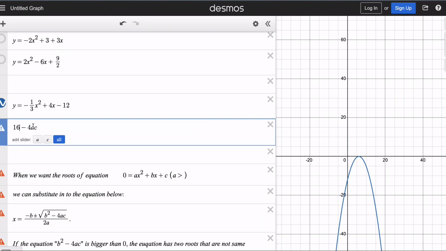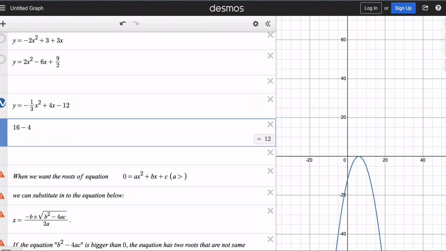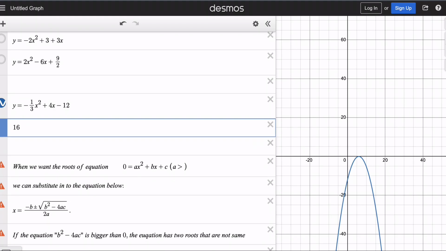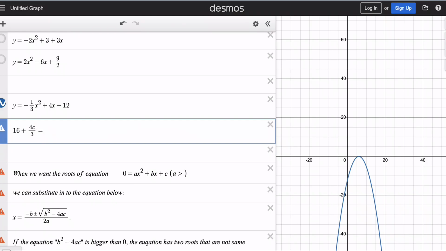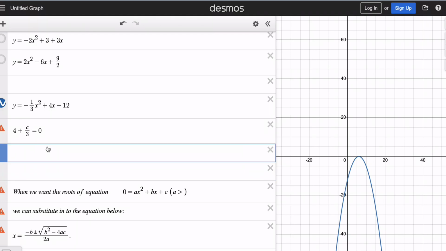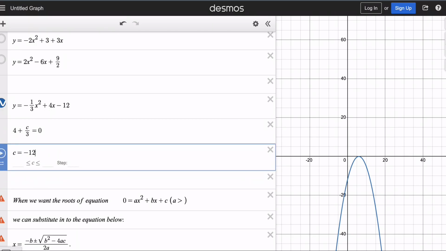This one is 16, and it's plus 4c over 3, and this must equal 0. On each side we can first divide by 4, and it will be 4 plus c over 3. Therefore c equals negative 12, right?